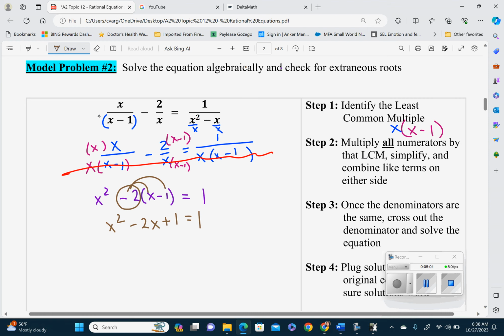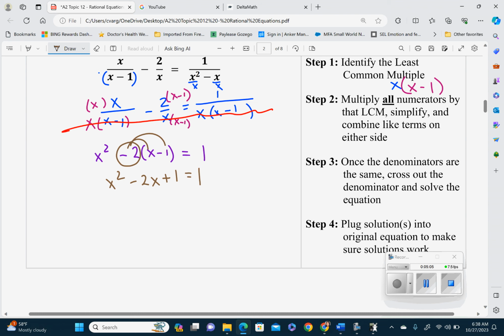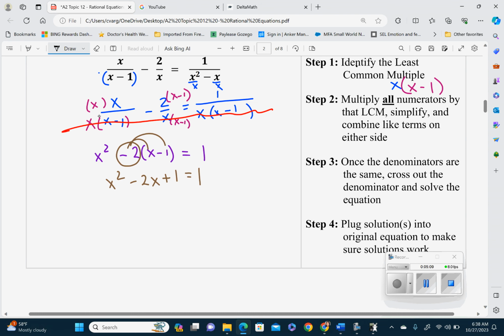So now this turns into what we've been doing for some time now, which is factoring. I don't know why I'm switching so many colors right now, but maybe it'll help you see better. So minus 1, both of these cancel out. So now I have x squared minus 2x is equal to 0. Here I factor out an x.